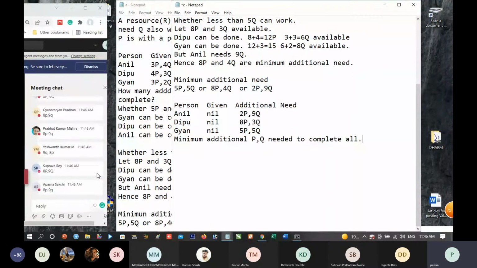Very simple answer. Nothing will be free at any stage. Eight P 9Q. Very simple. Nothing is available with him. So 8 P's are needed to complete Deepu and 9 Q are needed to complete Anil. 8P 9Q. Is it correct?